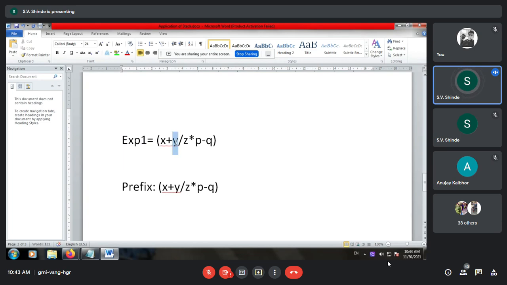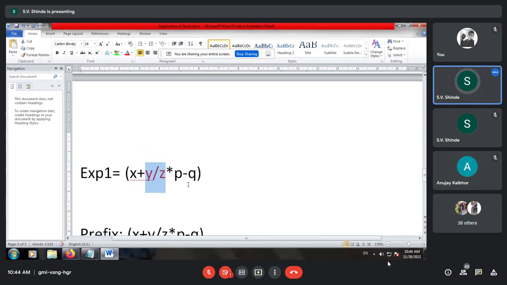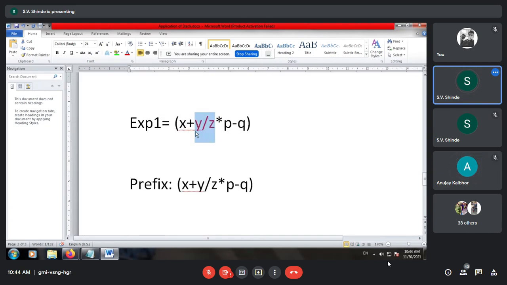First, try to highlight which will be the first expression that will be evaluated. When you scan from left to right, you'll find that y divided by z will be executed. Able to understand this, or any query?